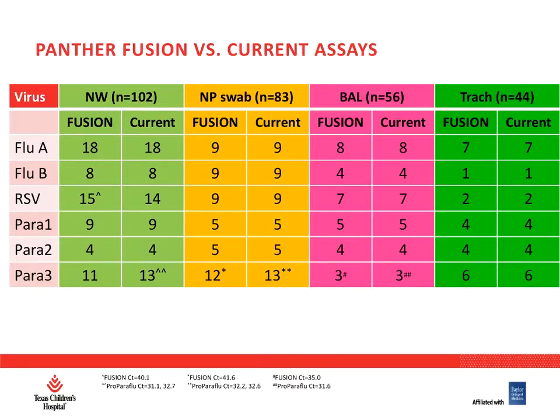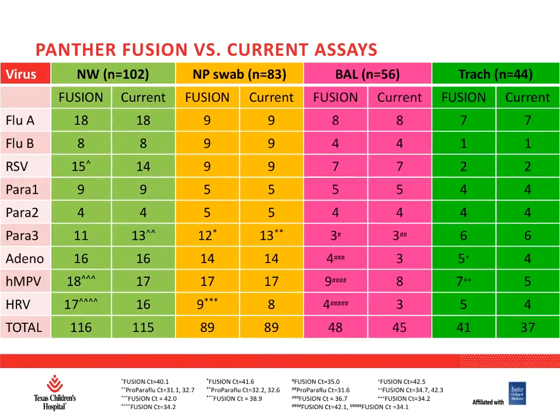Some of the CTs were in the mid-30s on those samples. And then finally, for the adenoviruses and human rhinovirus, we saw the Fusion was able to pick up, for many of these viruses in various sample types, additional viruses that we had not detected initially using our current assays.